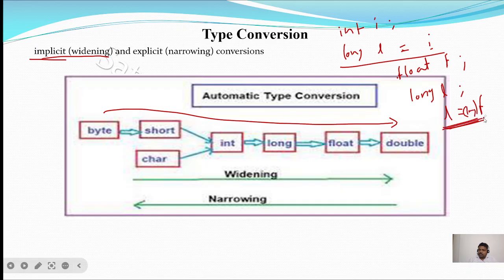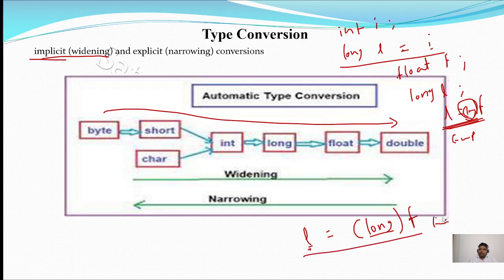This type of conversion is called explicit type conversion, where casting is used. What is the destination type? L is a long type. That's why the float f is converted into the destination data type, long, and then you can assign the value to that destination variable. This type of conversion is called explicit type conversion, also called narrowing.